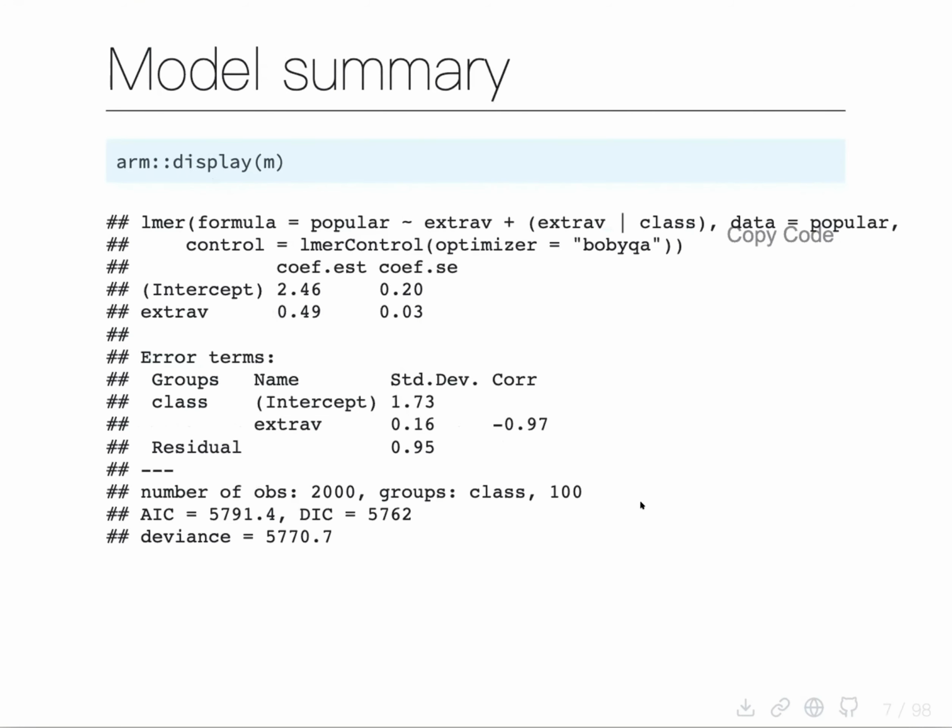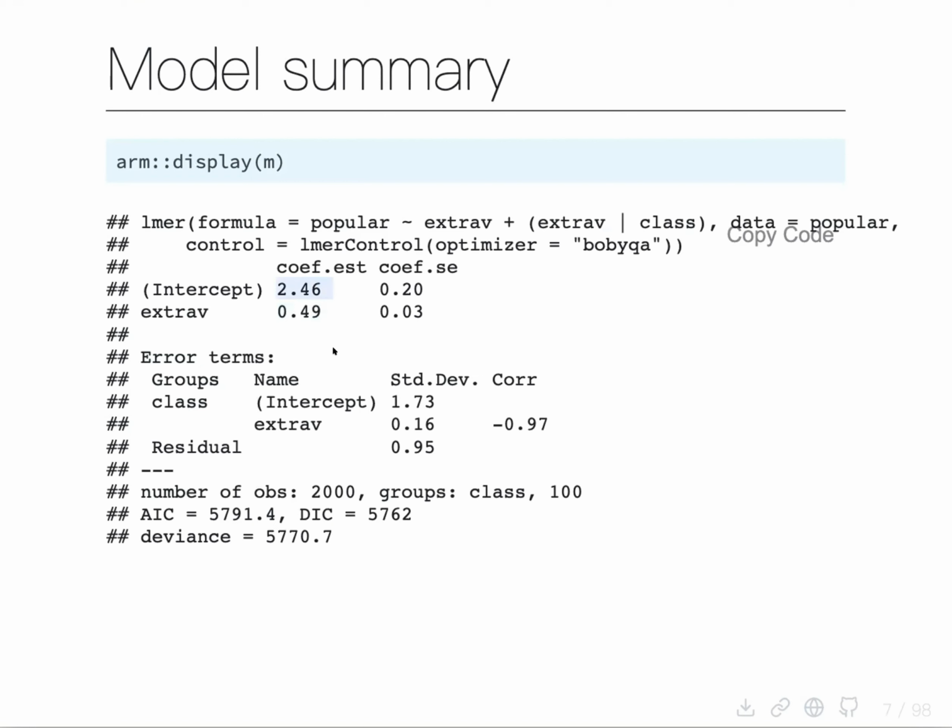All right, so this is what this is going to end up looking like. I'm saying that students with 0 extroversion had an average popularity of 2.46. For every 1 point increase in extroversion, students' popularity increased by 0.49 points on average, okay?